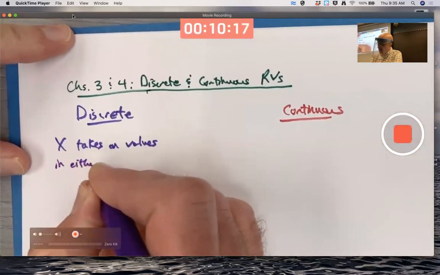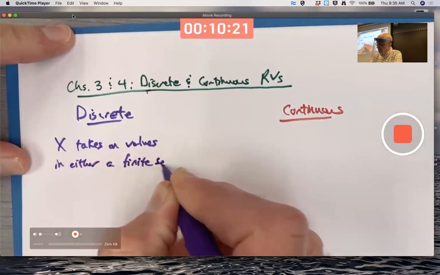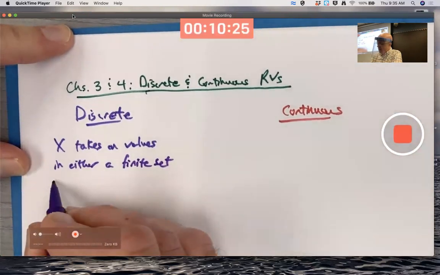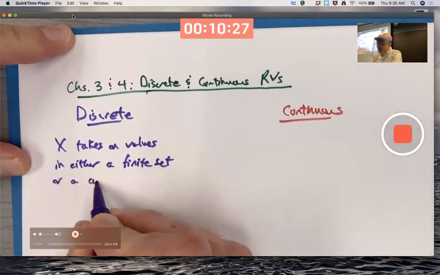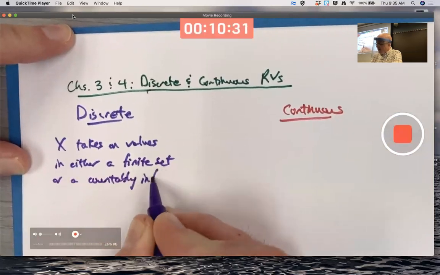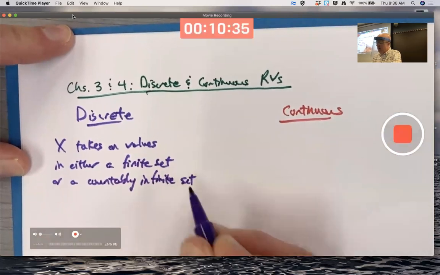Either a finite set, 1, 2, 3, 4, 5, for example, or a countably infinite set, also called denumerable set. And what does that mean?